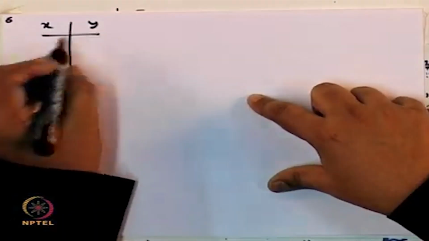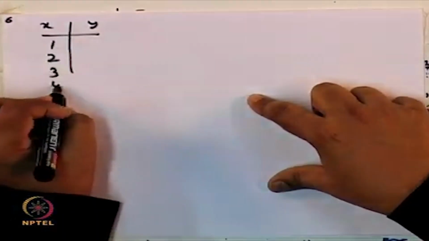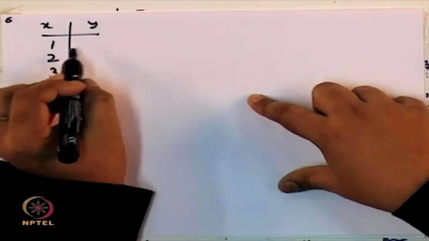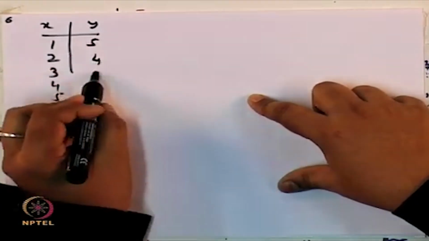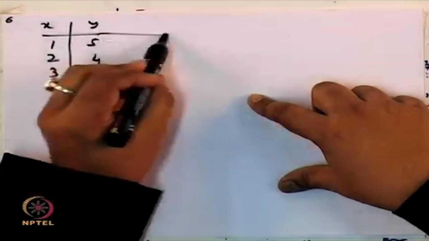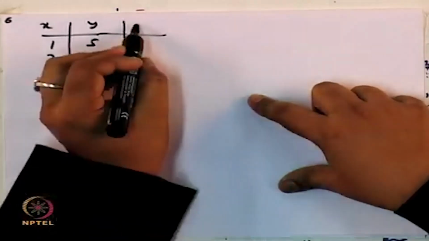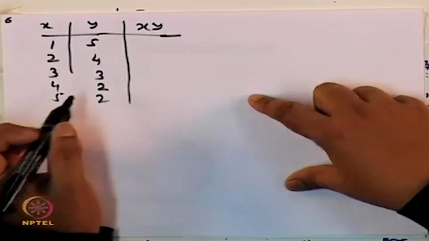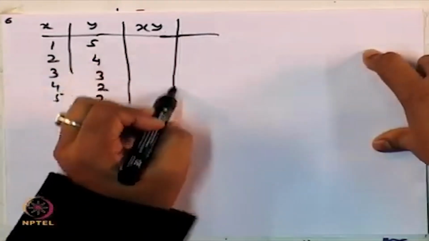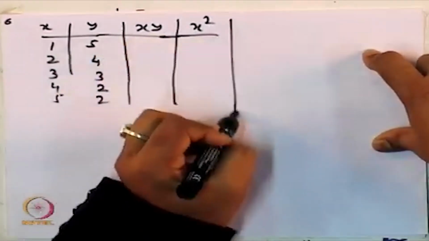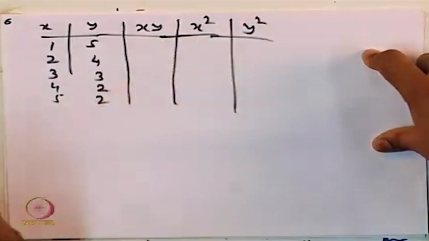I will again write down the values of x: 1, 2, 3, 4, 5, and y is 5, 4, 3, 2, 2. I can write x y, I can write x square and y square. Okay.